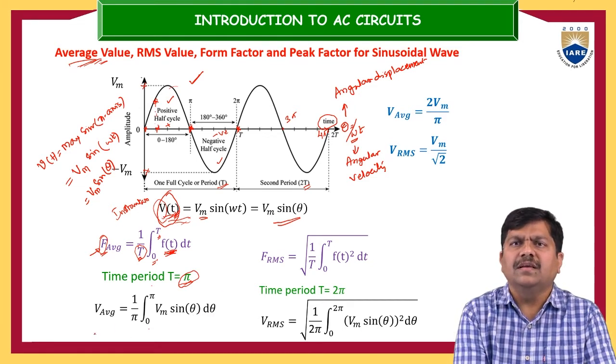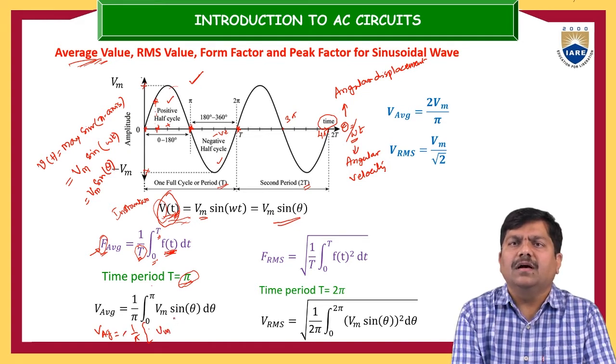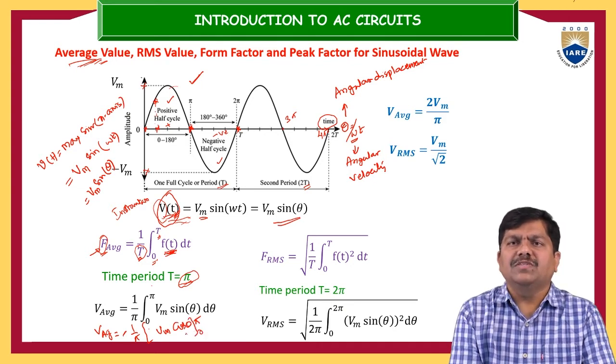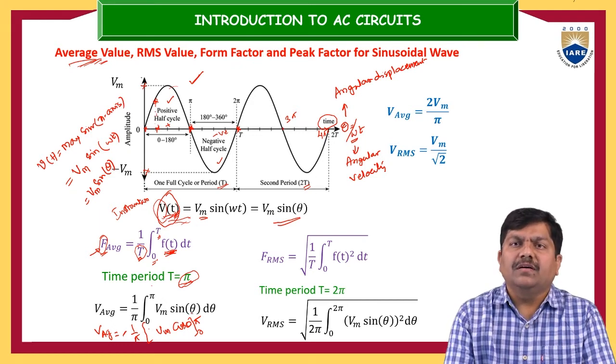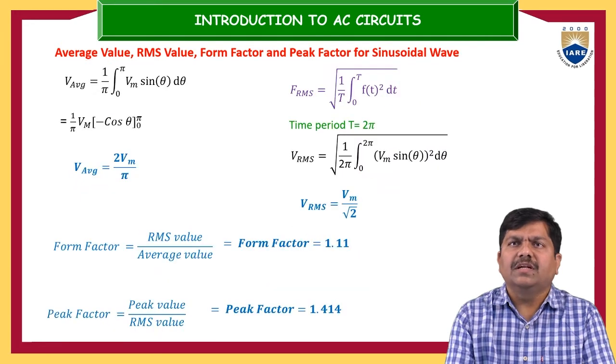After getting this, now you can integrate. V average is equal to 1 by pi, and this is V maximum into sin theta. The integration of sin theta is minus cos theta, and the limits are 0 to pi. Just substitute the limit values in this expression, and you can directly get the average value.